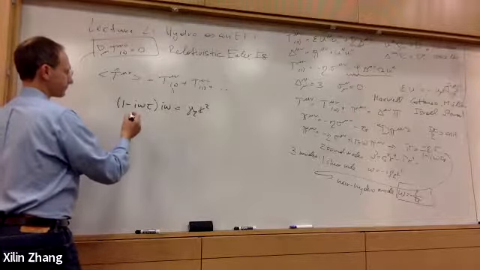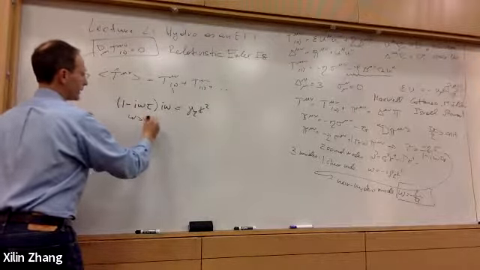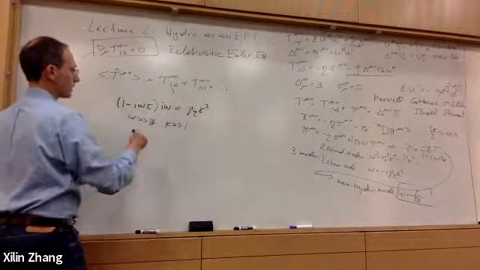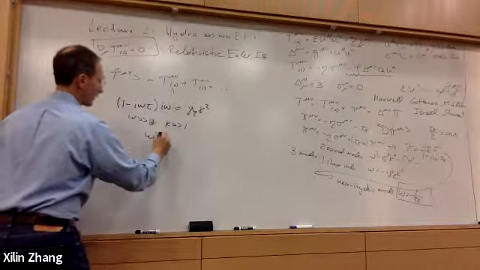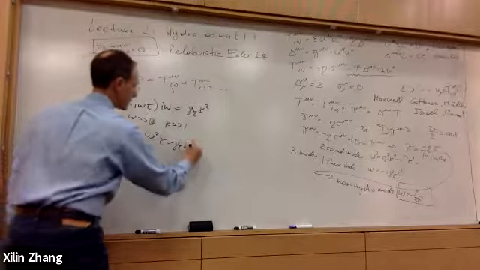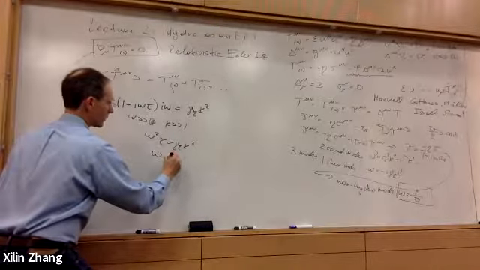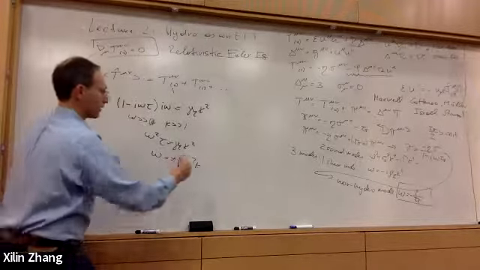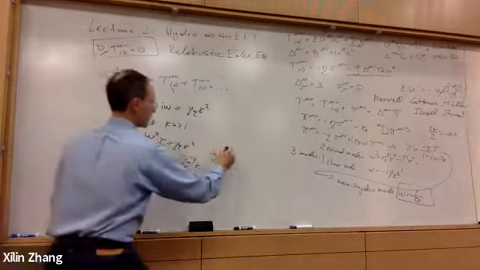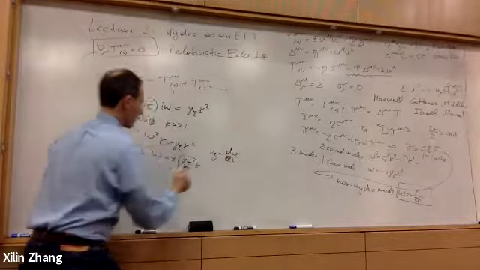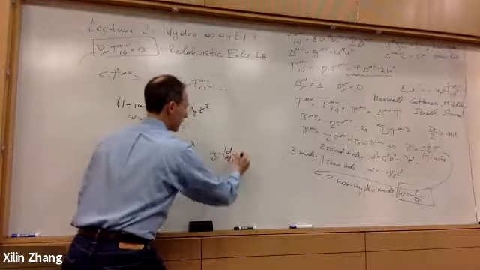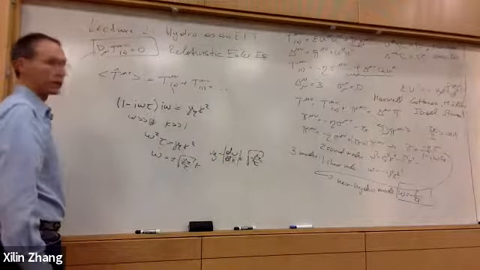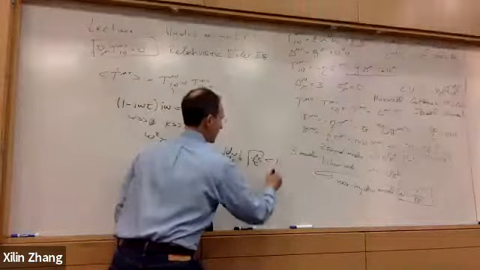Let's take omega to be very large, and k to be very large. Then this equation means that we have omega squared tau is gamma eta k squared. That means that omega is plus minus the square root of gamma eta over tau times k, and the group velocity is the derivative of this with respect to k. So what we get is the square root of gamma eta over tau. So if this ratio here is smaller than 1, the theory is causal.